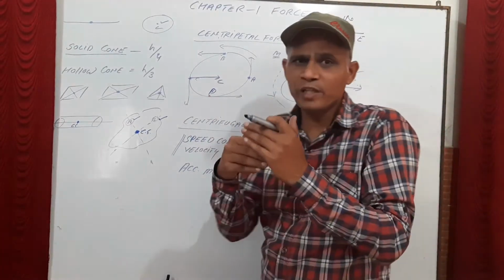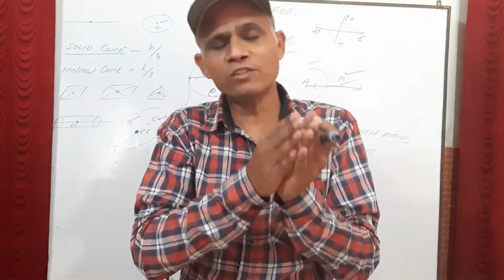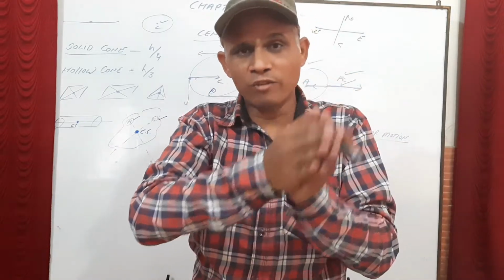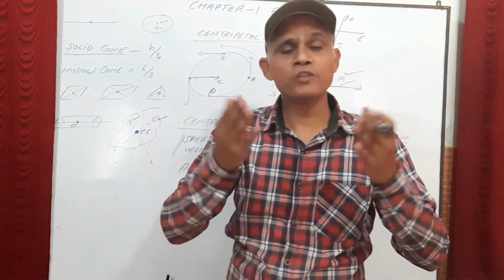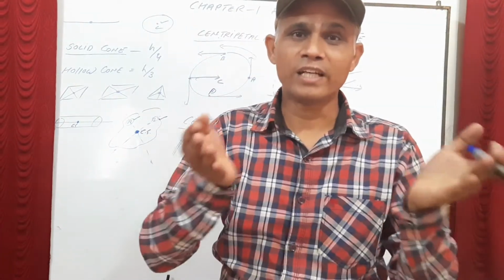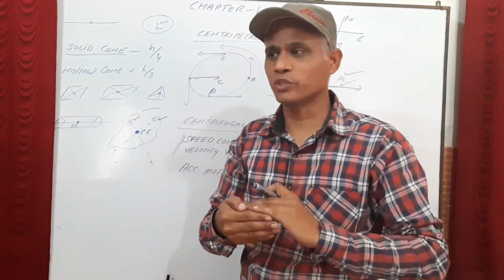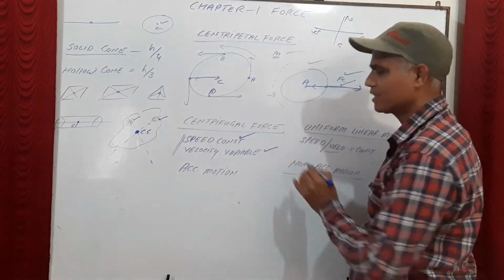So at every point the direction of motion is changing. Speed is no doubt constant, but direction is changing. That means the velocity is changing at every point. And you people know that the rate of change of velocity is acceleration. So in a uniform circular motion, the speed is constant, the velocity is changing.